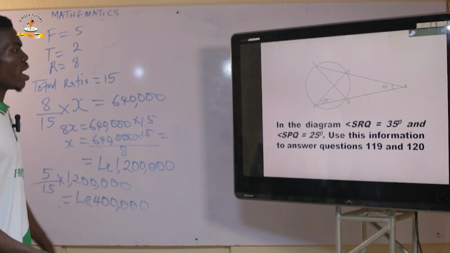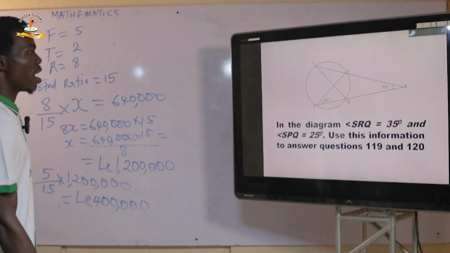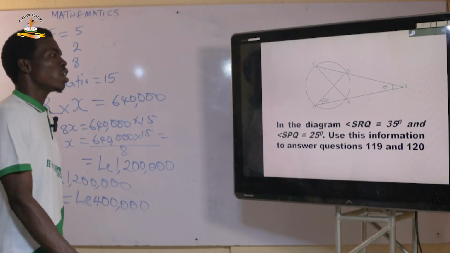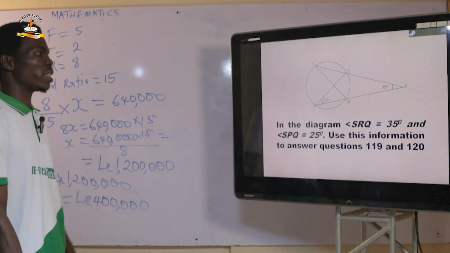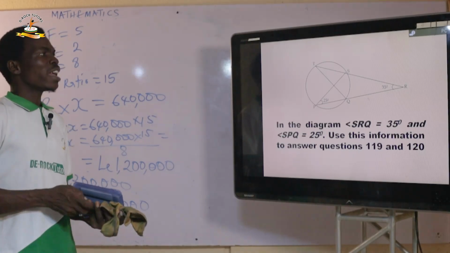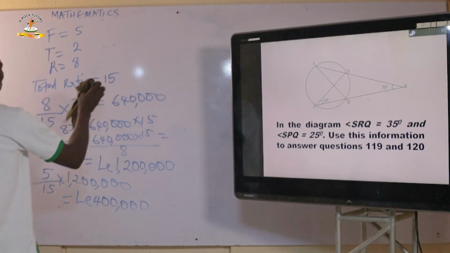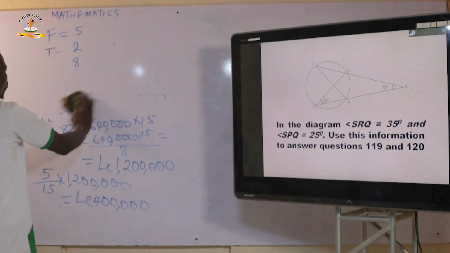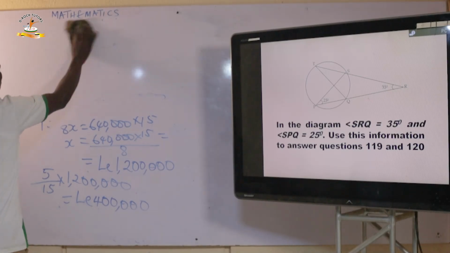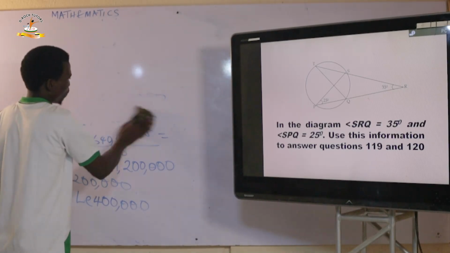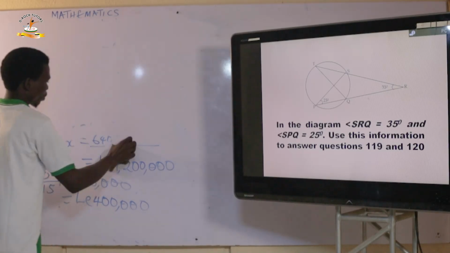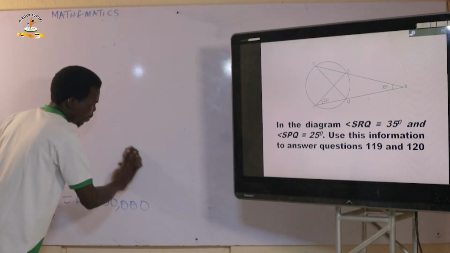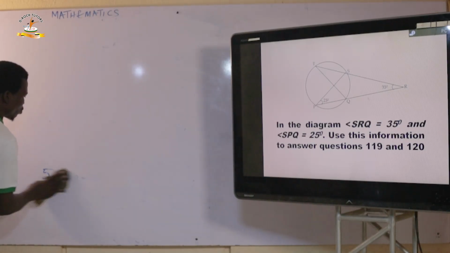Alright, in the diagram, angle SRQ is 35 degrees and angle SPQ is 25 degrees. Use this information to answer questions 119 and 120. Before then, let me quickly draw the diagram out so we don't have to reverse the slide for reference. This is a circle geometry problem, also known as circle theorem.